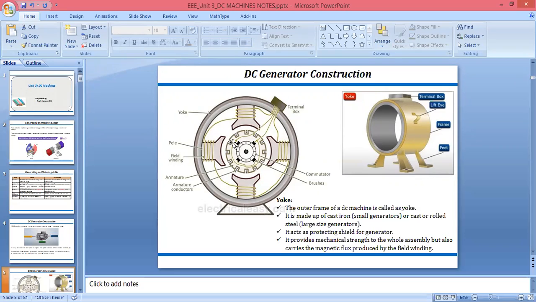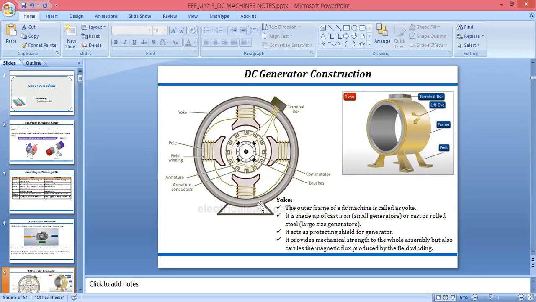In the DC generator, we are using the yoke. If you see, this is the outer side. So yoke is the outer frame of the DC machine. We can call this outer surface a yoke. And what is the use of yoke?